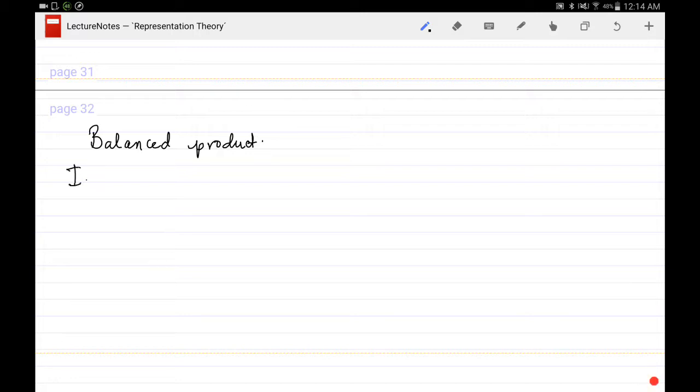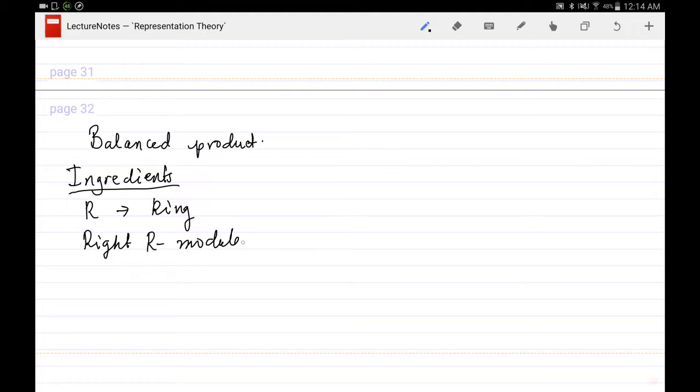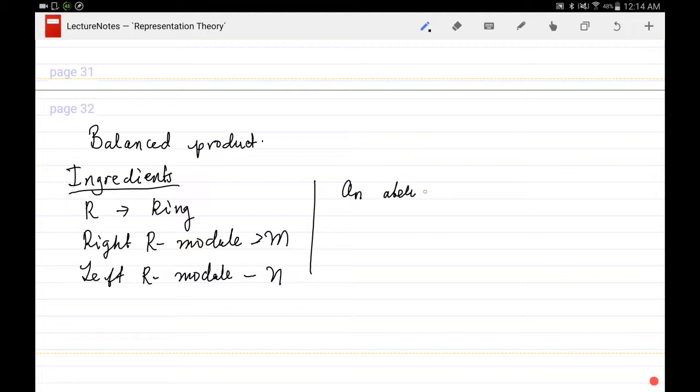So the ingredients will be R, which is a ring, and then we'll need a right R module M, then we need a left R module N, and then we need an abelian group G.